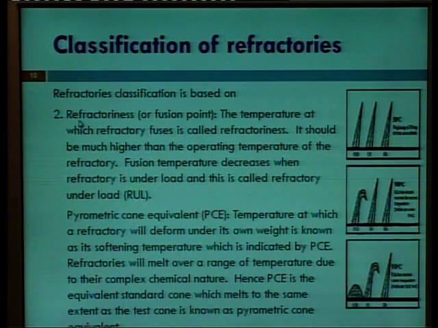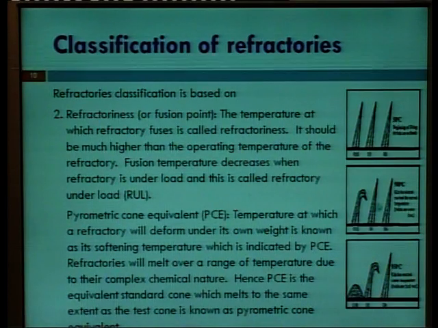You are going to study the properties of refractories in detail in other lectures, but as we are going to classify on the basis of refractoriness, it is necessary for us to define what refractoriness is. Fusion point is the temperature at which a refractory fuses, and this is called refractoriness.